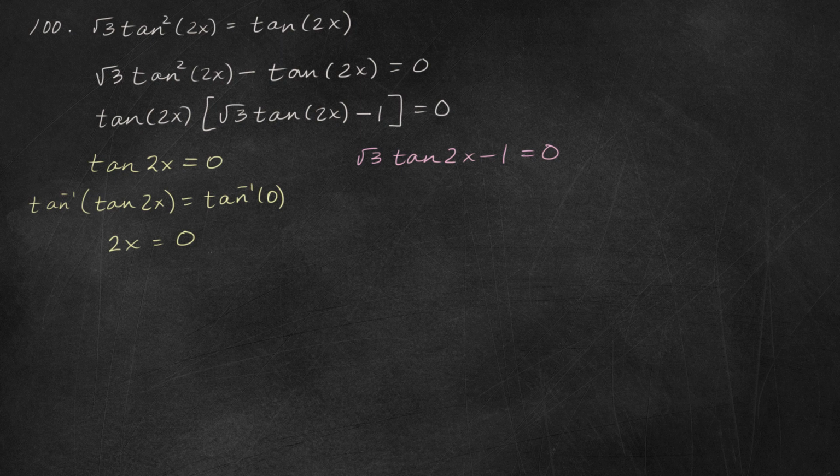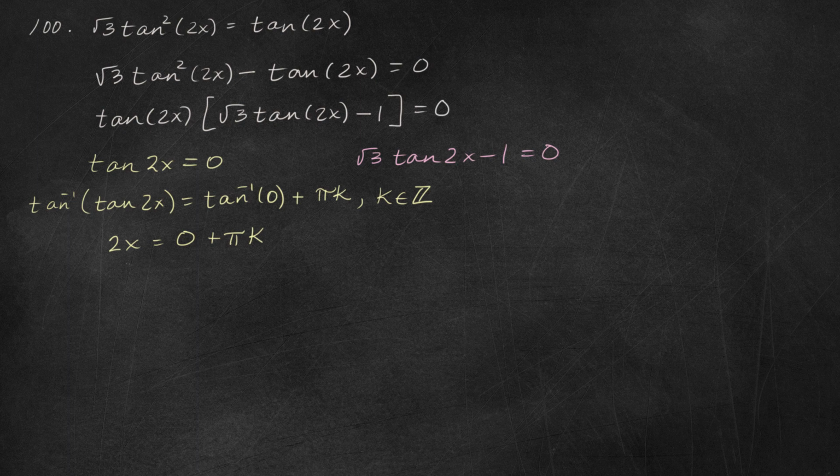To make sure I get all of the solutions, we want tan inverse of 0 plus multiples of the period. And the tangent function, the parent tangent function, has a period of pi, so I'm going to add multiples of pi for some k in the set of integers.